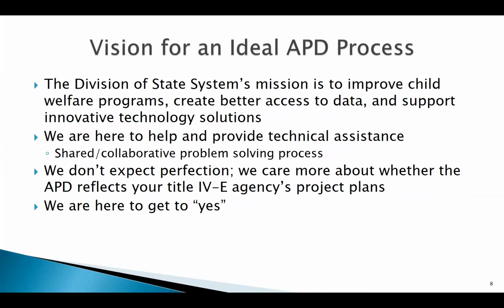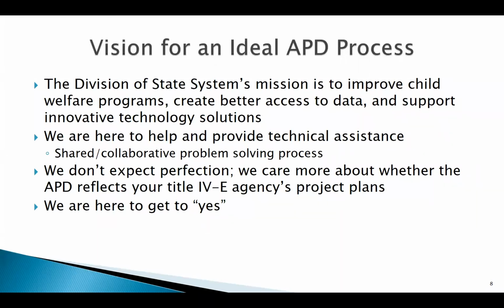So we wanted to start off with the vision, or the ideal APD process for us. At the Division of State Systems, our mission is to improve child welfare programs by creating better access to data and supporting innovation and technology solutions. We really are here to help and provide technical assistance.